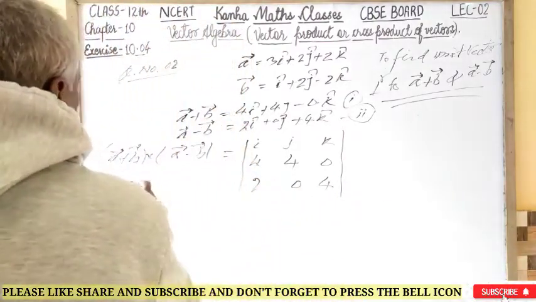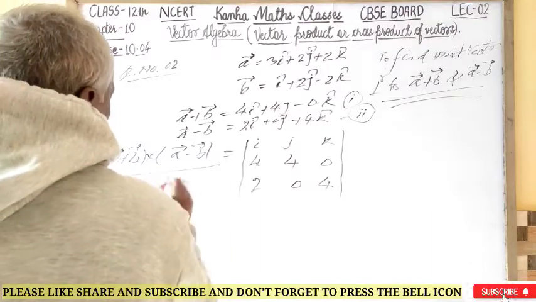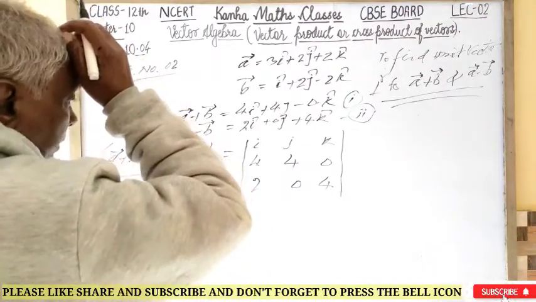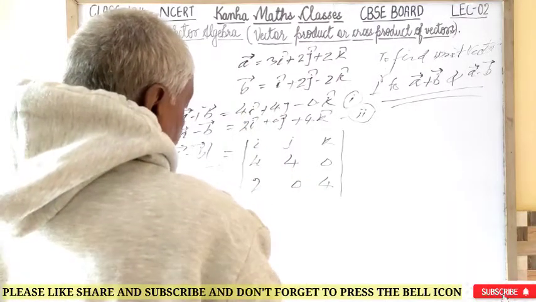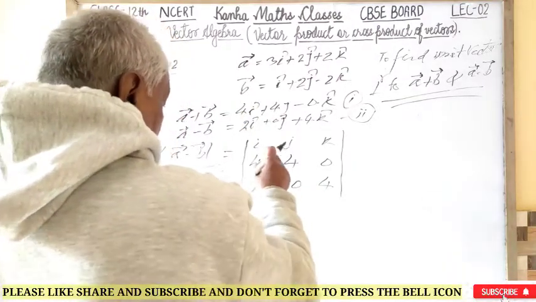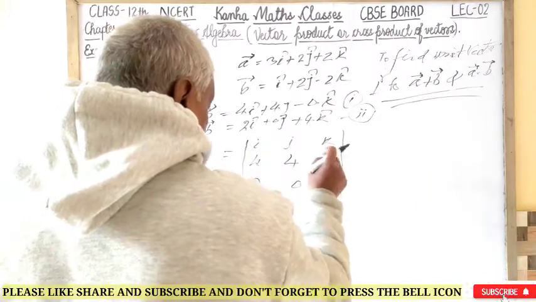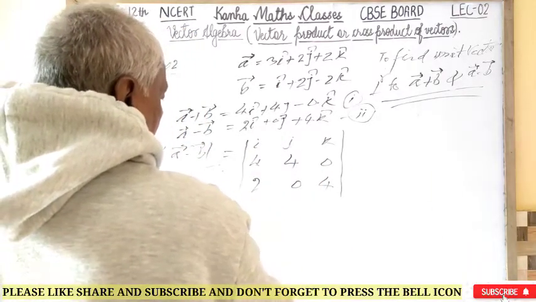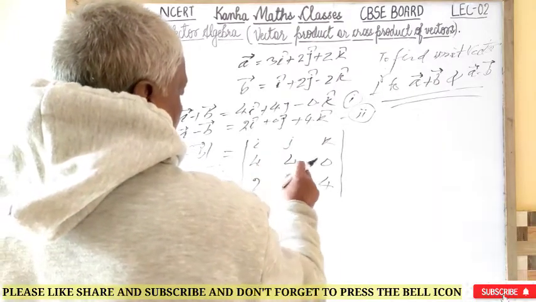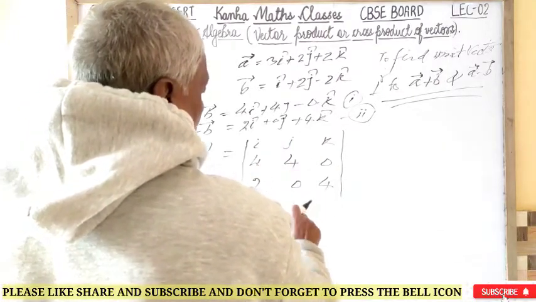Now, in order to find the cross product of these two vectors, we have represented this cross product in terms of a determinant, having the first row as i, j, k and the elements of the second and third rows as 4, 4, 0 and 2, 0, 4.